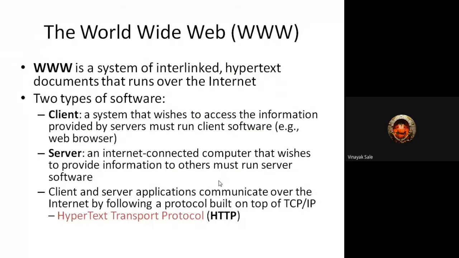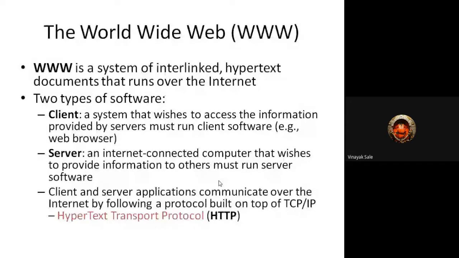Then next is World Wide Web. World Wide Web, that is WWW, is a system of interlinked hypertext documents that runs over the internet. There are two types of software. First is client.